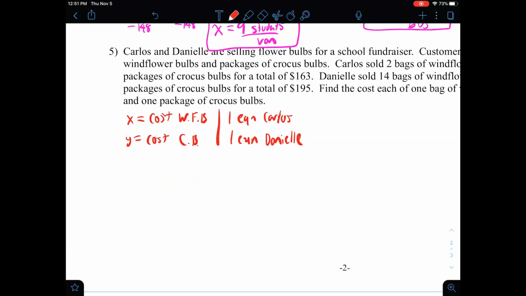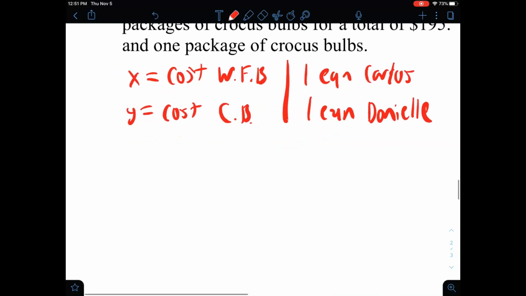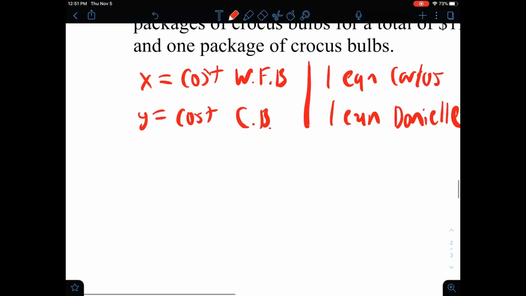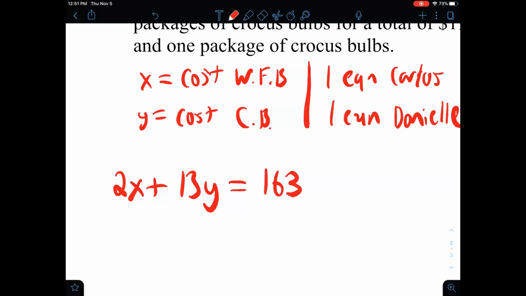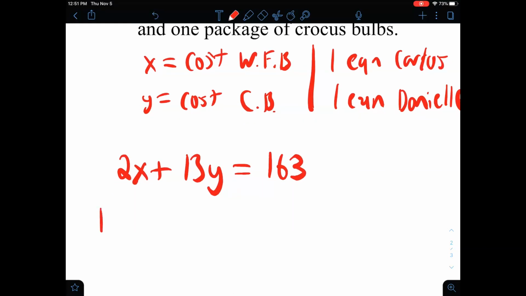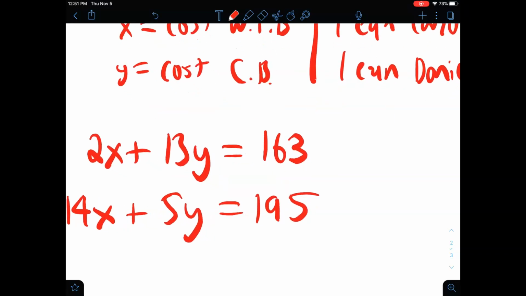All right, so we're going to plug in the cost of each. Carlos sold 2 windflower bulbs times the cost of windflower bulbs plus 13 crocus bulbs times the cost of crocus bulbs equals $163, what he sold total. And then Danielle sold 14 windflower bulbs times the cost of that plus 5 crocus bulbs times the cost of that equals $195.